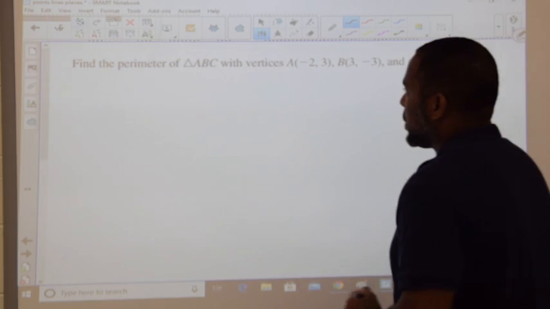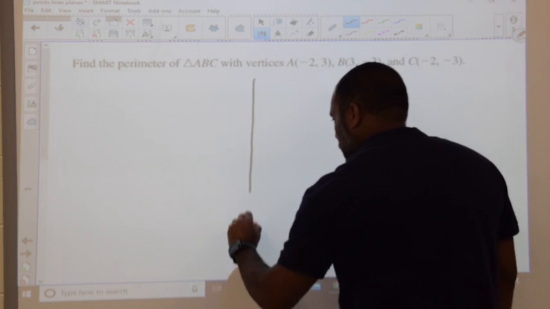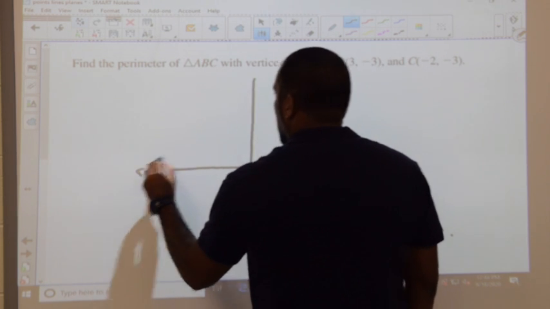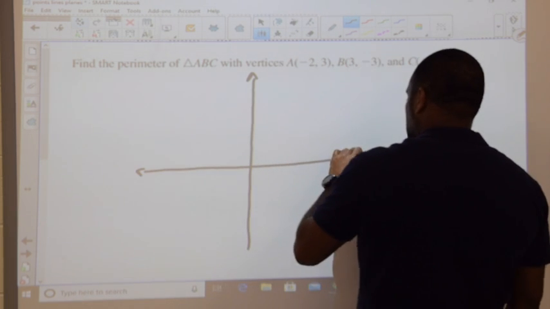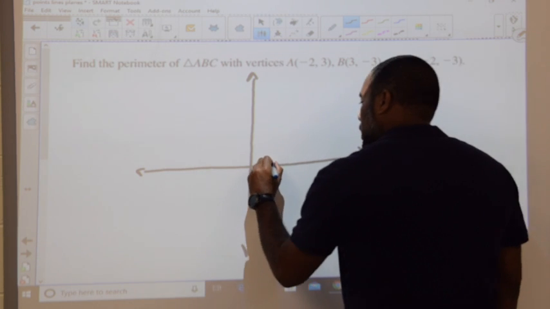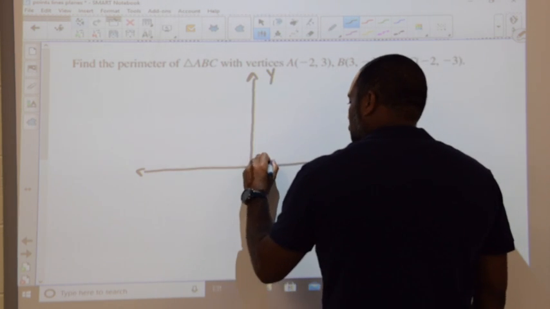To do this, the very first thing I'm going to do is draw this so we can see what it looks like. So I'd like you to draw it as well. And label your axes. This is your x, this is your y.